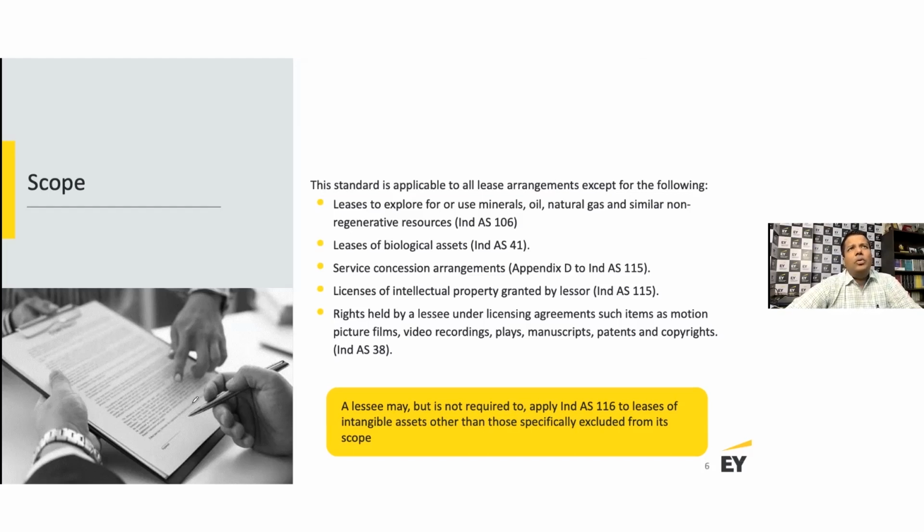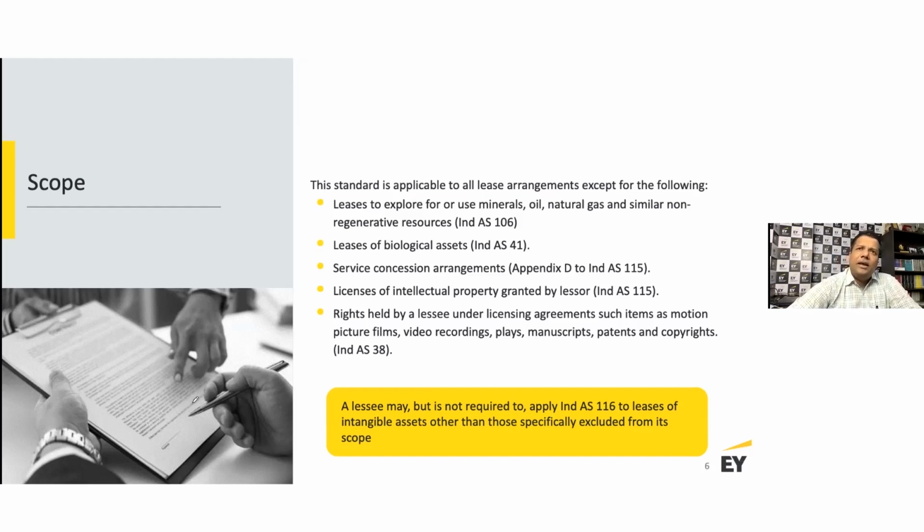Lease accounting is generally meant for tangible assets. And what are those tangible assets? Land, building, plant and machinery, furniture and fixtures, motor vehicles, computer equipment, and so on. All assets which you can touch and feel. But if it is an intangible asset, you are excluded.